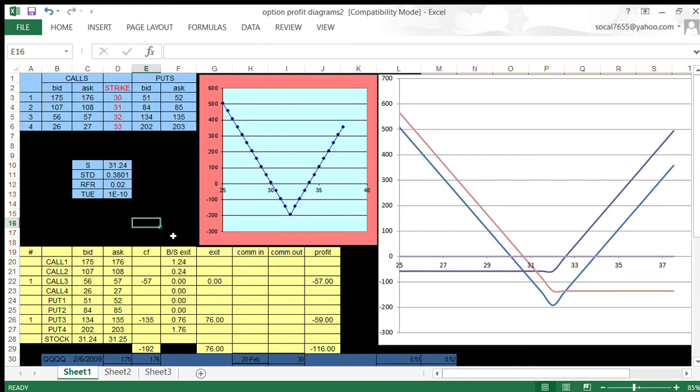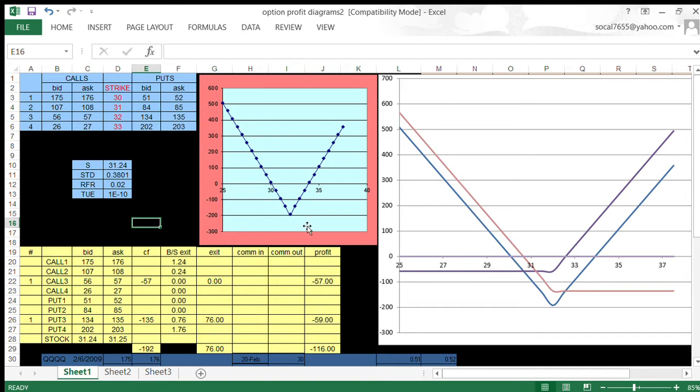The break-evens of this would then be 32 plus or minus $1.92. So on the upper end, the break-even would be at $33.92, and on the lower end, it would be at $30.08, because 32 minus $1.92 is $30.08.